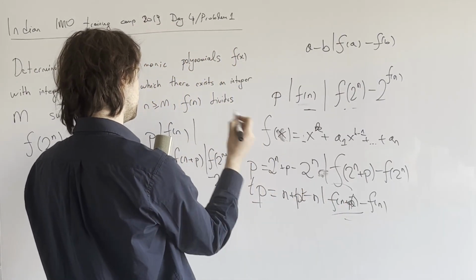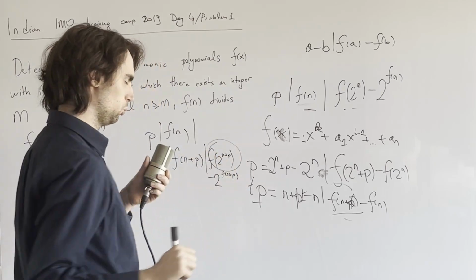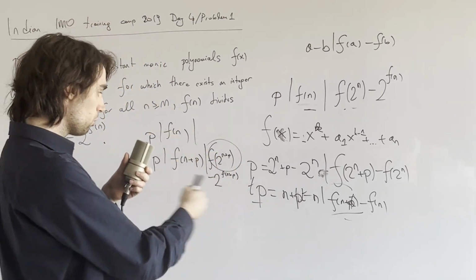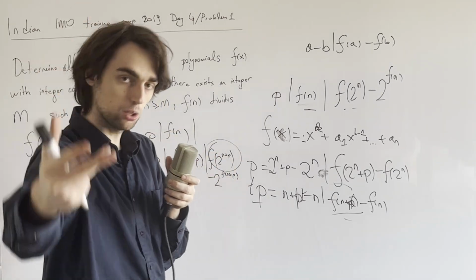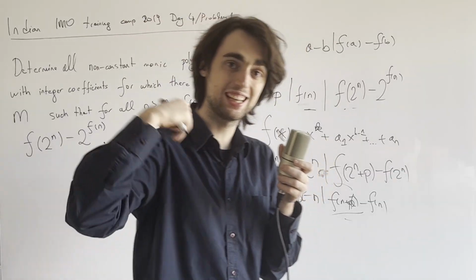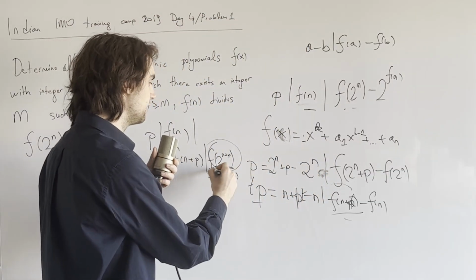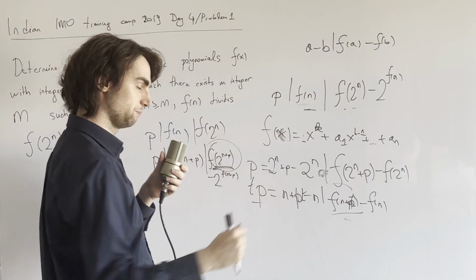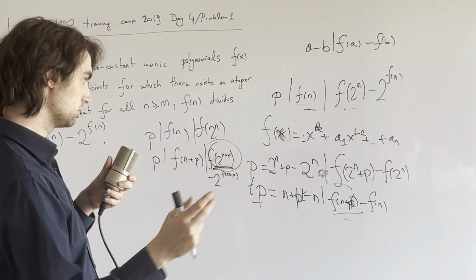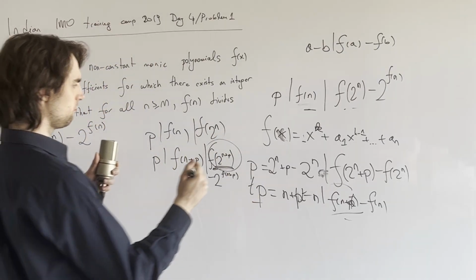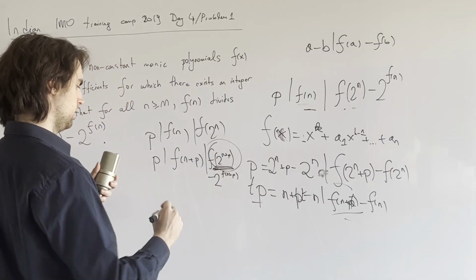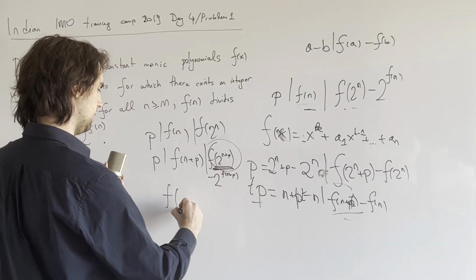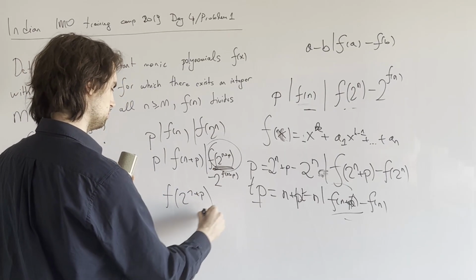Okay, now what is this equal to? What is this maybe congruent to modulo p? Think about this. Pause for the next 5-10 minutes and think about it. How can you get this to something closer to 2 to the n? Okay? And here's the next idea. Well, what I can do is look at f of 2 to the n plus p modulo p.